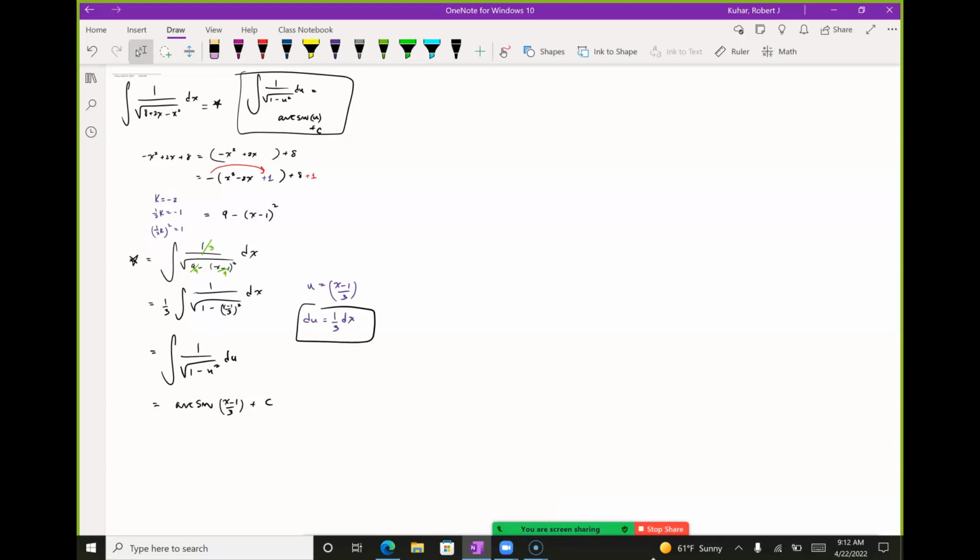A 9 inside the square root is a 3 outside the square root. You could say you have a 1/3 on the outside that distributes to the inside. It's just an extra step, or of course, doing the algebra differently. Like I said, I don't care how you do your algebra. Just don't fake it. I mean, don't just put things in to make what you want happen without it actually being true.